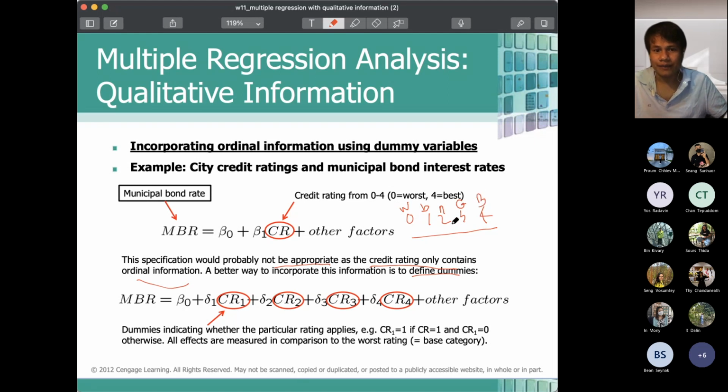In this case, just treat it like a variable with multiple categories. So when you have 5 categories here, how many dummies should you put in your regression model? Simply the number of categories minus 1. So you should include 4 dummies, right? If you look at the equation below, we change it from CR into CR1, CR2, CR3, and CR4.